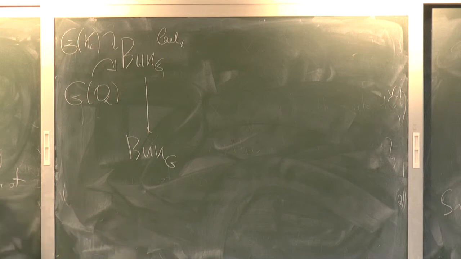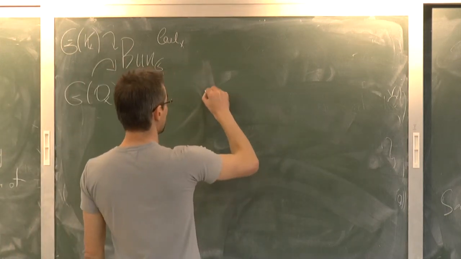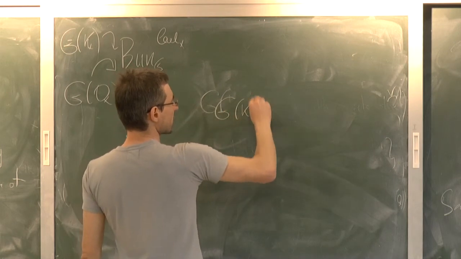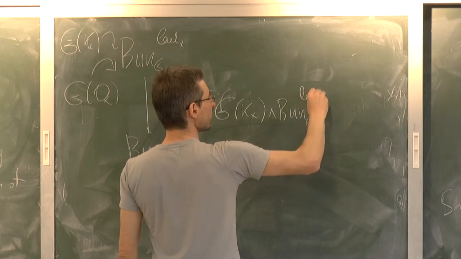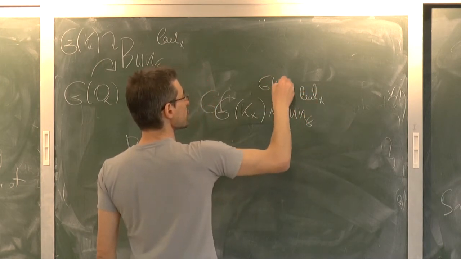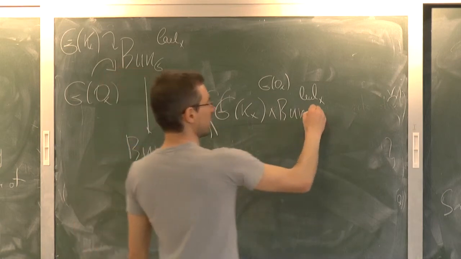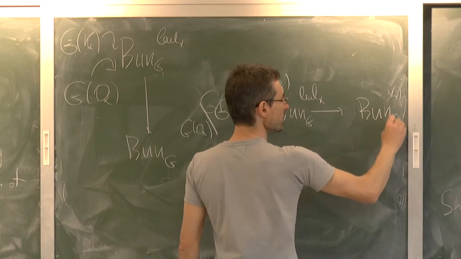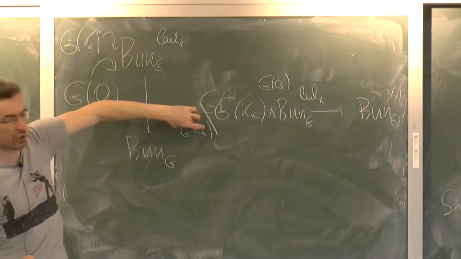Now using this, I'll define this action by the following diagram. I'll write G of K_x times Bun G level X, G of O_X, G of O_X. This will go to Bun G as follows. You act, and then you divide by G of O_X.